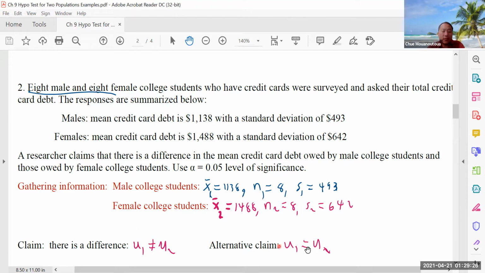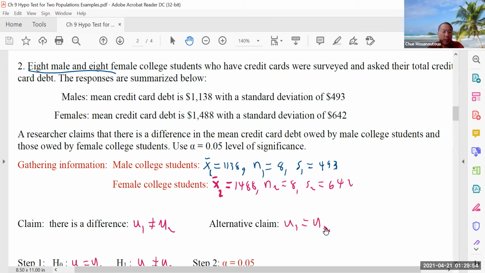Based on this, we can say which of these two belongs to H1 and H0. If you remember, H1 has the inequality, so this one goes to H1. H0 always has the equality, so this one goes to H0.